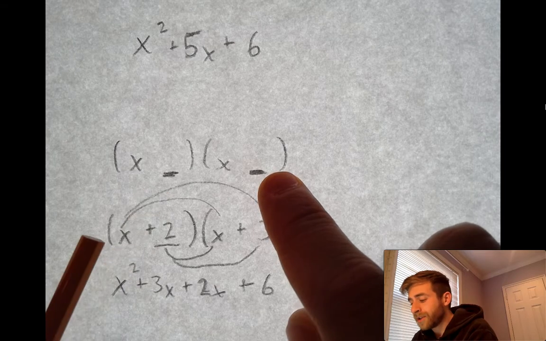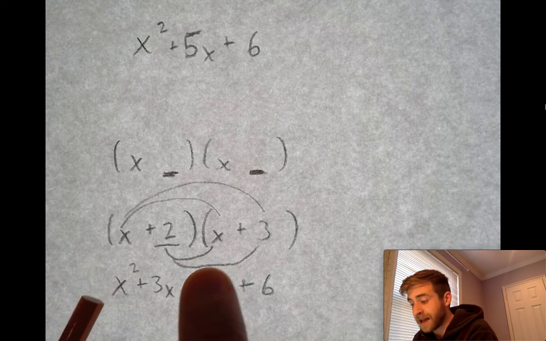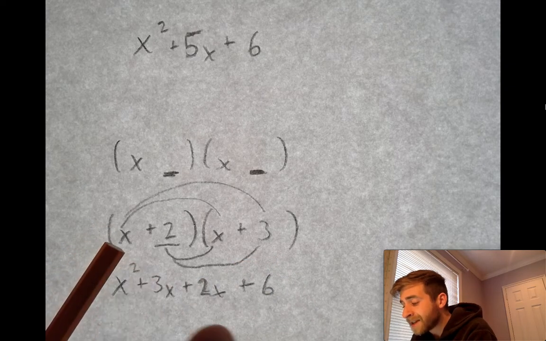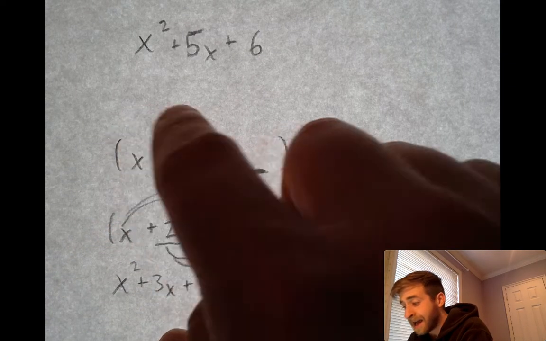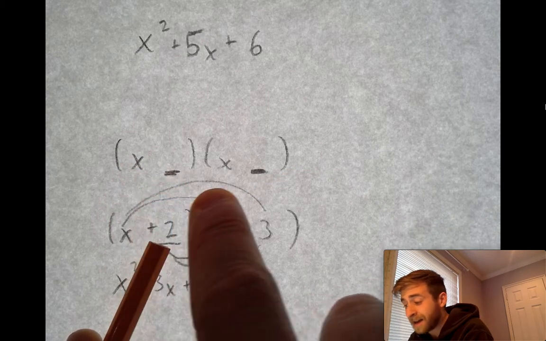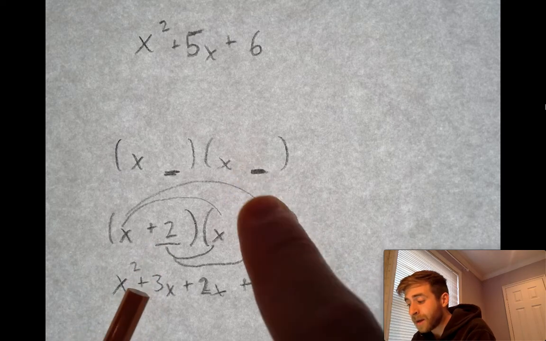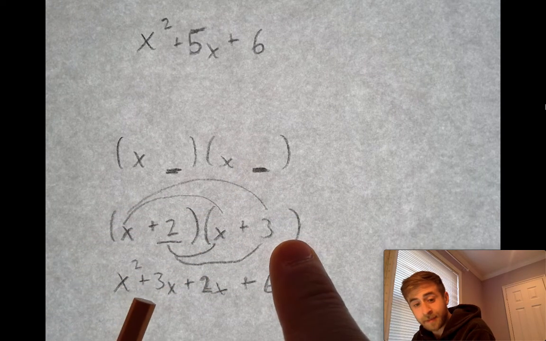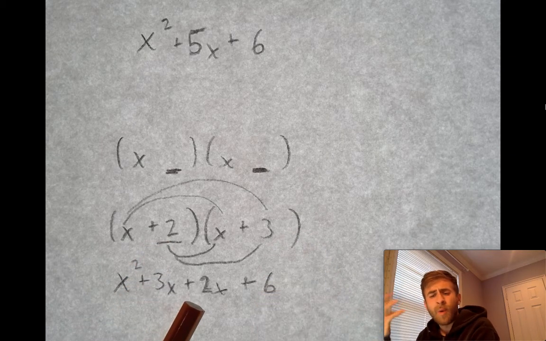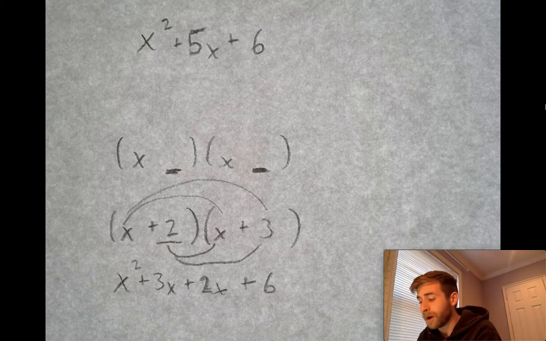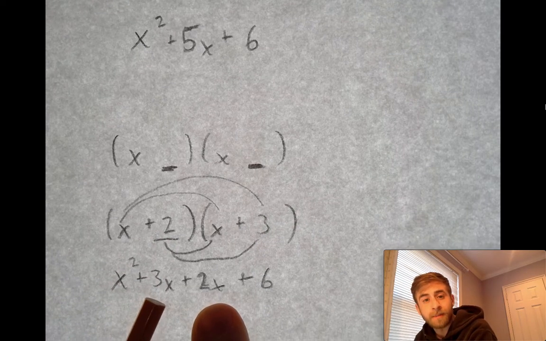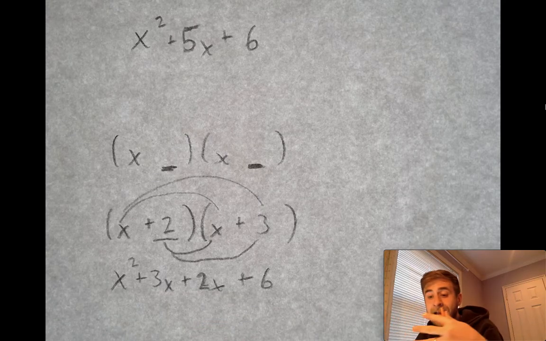When you do your double distribution, the x times the x is going to happen. You get your x squared, right? That's where it goes. Then I do x times the last term on the right side, and then the last term on the left side times an x. So I end up with x times 3, so the 3x, and x times 2, so the 2x. The important part is that these two are like terms in the bottom here, so they're going to add together.